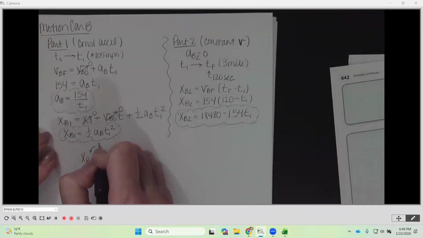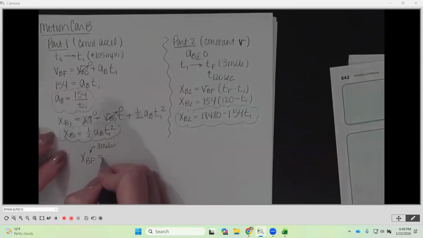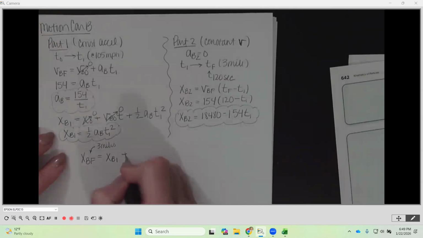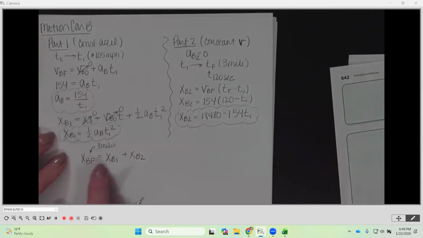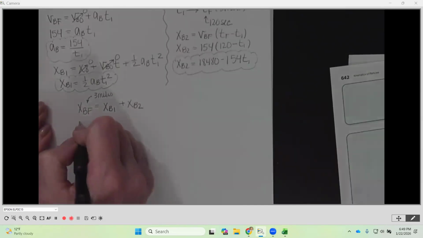I'll just add that 3 miles. Okay, that's going to be equal to our XB1. That's the distance that the police car covered in part one, plus XB2, the distance that the police car covered in the second part of its travel. Okay. So we know that the total distance is 3 miles.